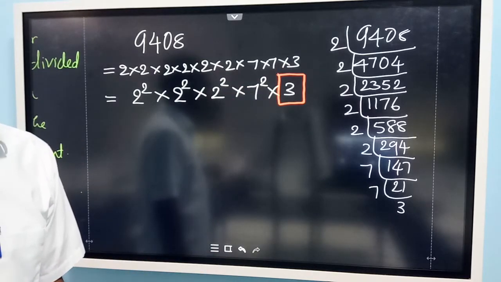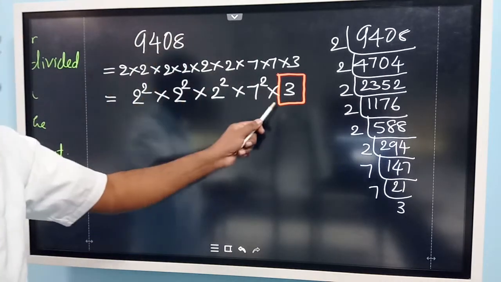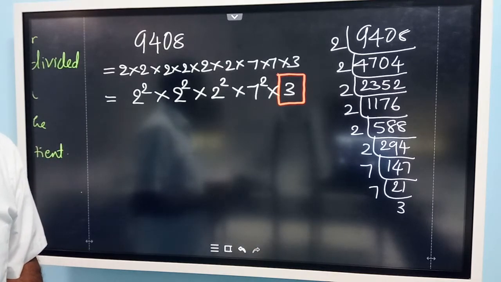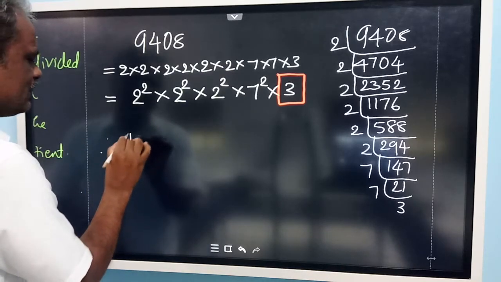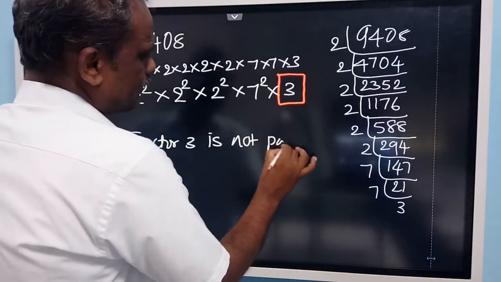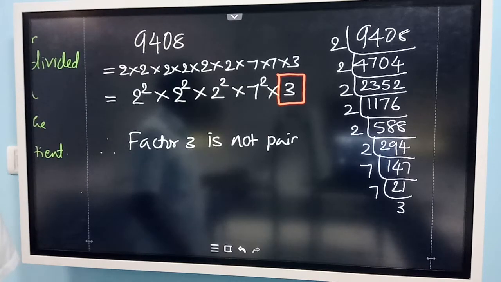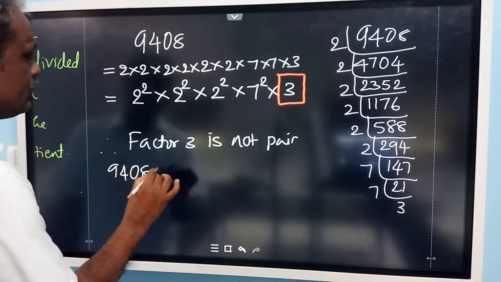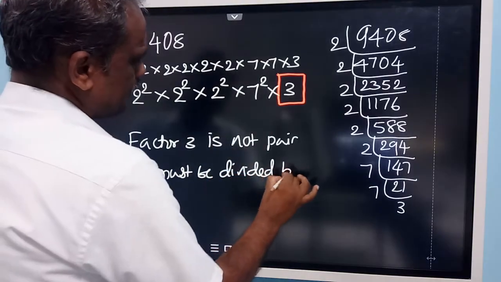So what number should be divided? Therefore, you divide this number by 3, then this 3 will be eliminated. The factor 3 is not in pair, so 9408 must be divided by 3.